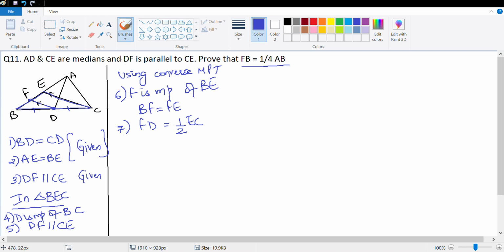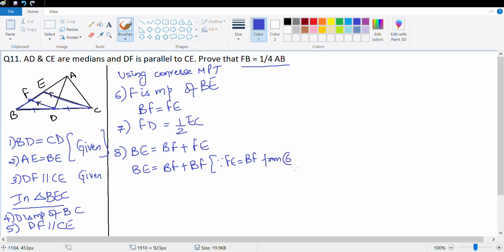Using the converse midpoint theorem, I already know that AE and BE are equal, and now I know that BF and FE are equal. So let's see if I can get something from this. BE would be equal to BF plus FE, which means BE is equal to BF plus BF, since FE is equal to BF from 6.